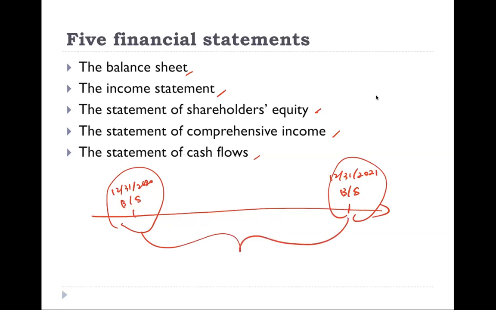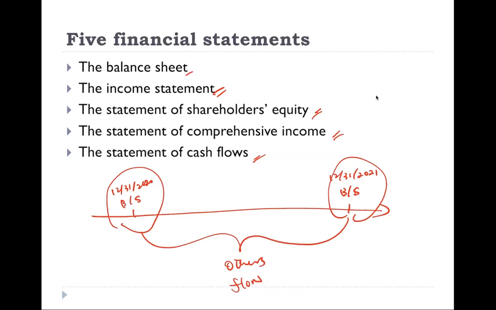And all of the other statements, the income statement, the statement of stockholders' equity, which is also called the statement of shareholders' equity, those are the same thing, the statement of comprehensive income, and the statement of cash flows, are all flow statements. So they represent the change. For example, the income statement discloses the financial performance during a period of time, within this 1 year between December 31st, 2020 and December 31st, 2021.